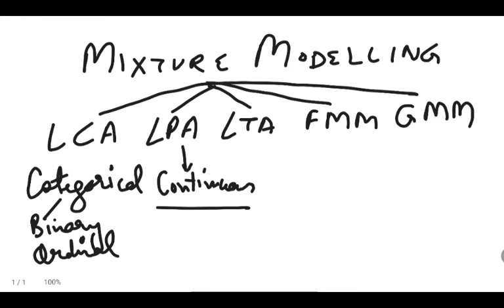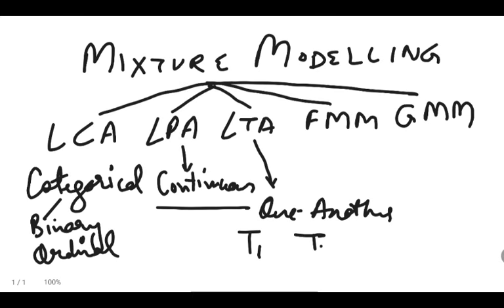In latent transition analysis, which is an extension of latent class analysis and considers categorical data, we are trying to examine the shift of respondents from one class to another class over a period of time. Say we measured their response at time 1 and we measured their response at time 2.